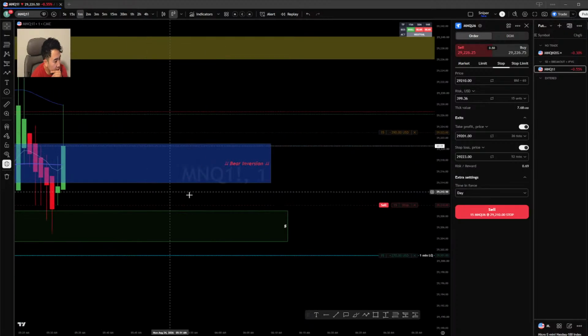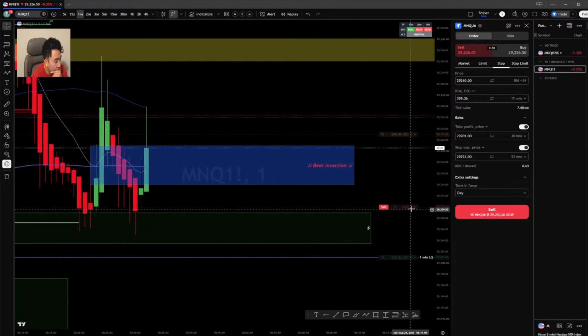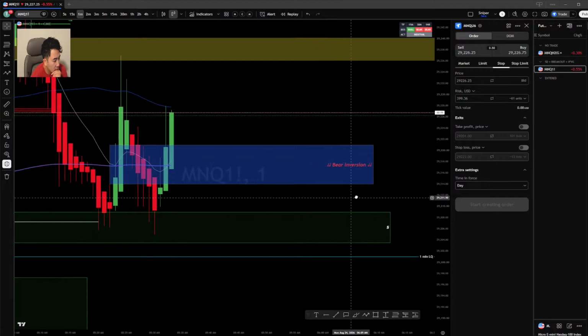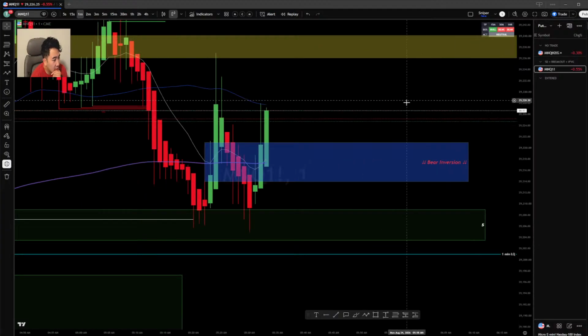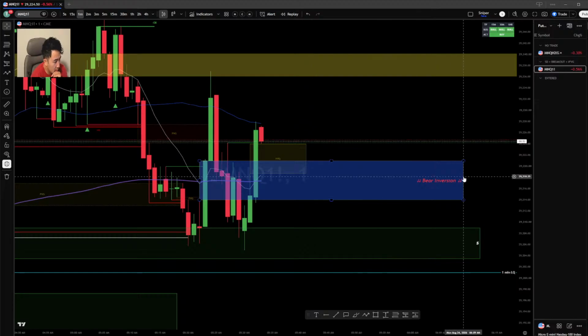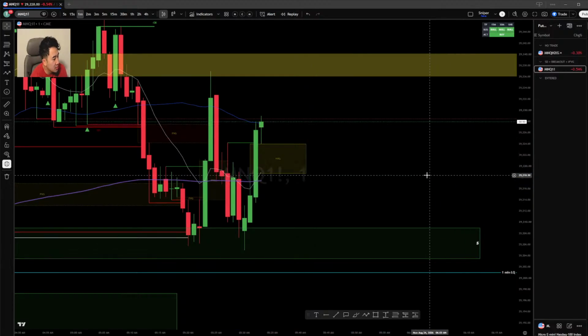It did bounce off this 5 minute gap right here. All right, so I'm just gonna delete that. There's no entry on that one. Bearish inversion is broken here.